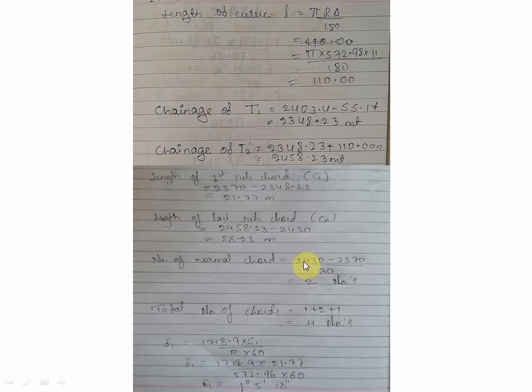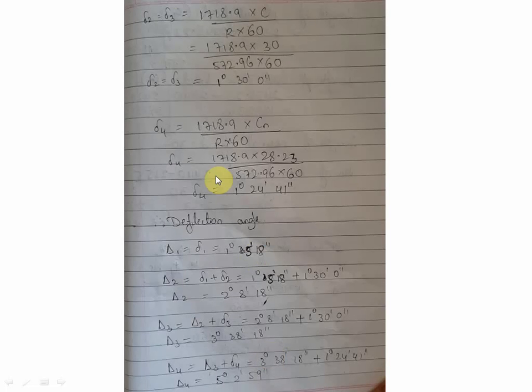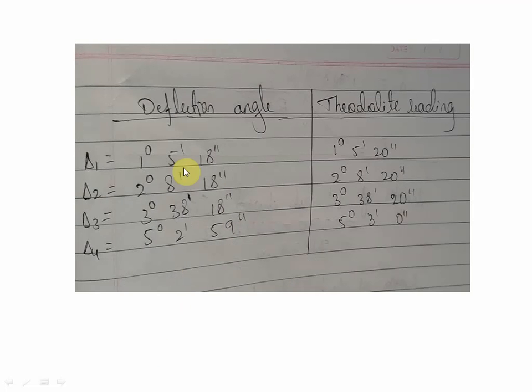The two methods, chord produced and Rankine's method, are the same up to here. Both problems will be the same up to here. The only difference is the tangential angle. Tangential angle 1 is equal to 1718.9 into C1 by R into 60. So calculate delta 2, delta 3, delta 4, calculate the deflection angles, and after that convert those deflection angles into theodolite readings. Okay, thank you.